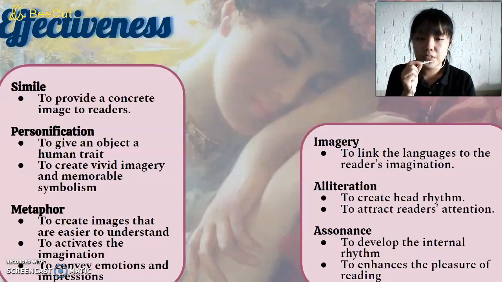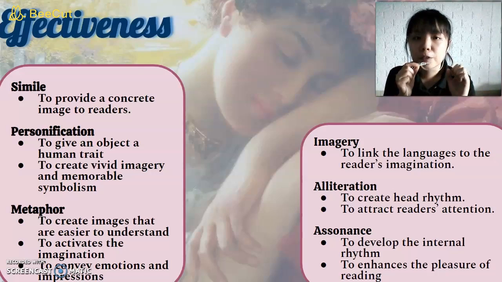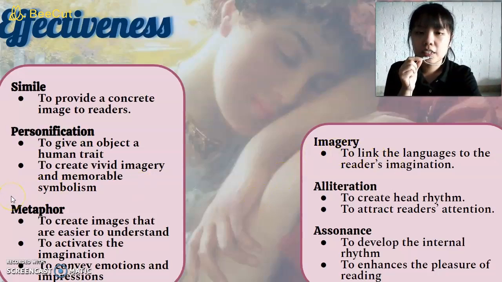Okay, both of these are to attract readers' attention and to enhance the pleasure of reading. In addition, both of these are to highlight the relaxed, calm, and peaceful mood of the poet in this poem. Okay, that's all from me.